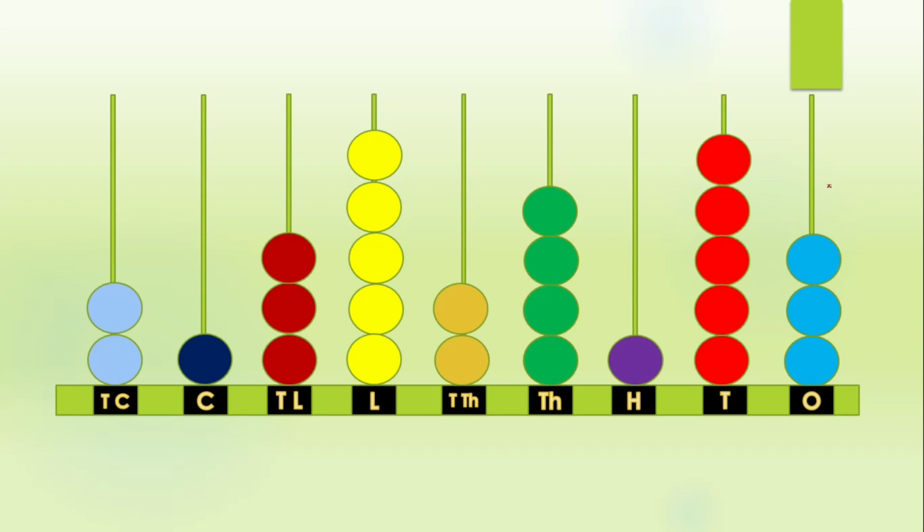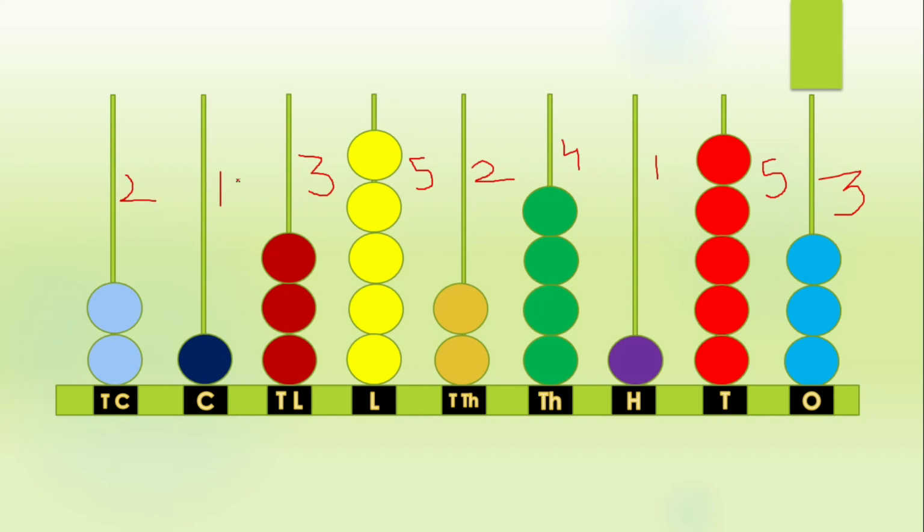At the ones place we have 3 beads, at the tens place we have 5, hundreds place we have 1 bead, at the thousands place we have 4, 10,000s place we have 2 beads, at the lakhs place we have 5 beads, at the 10 lakhs place we have 3 beads, and at the crores place we have 1, and at 10 crores place we have 2.